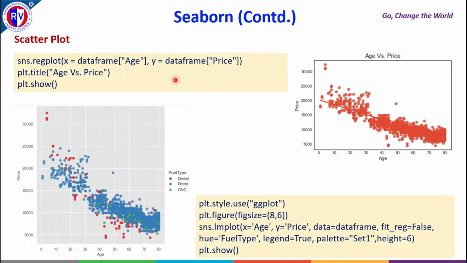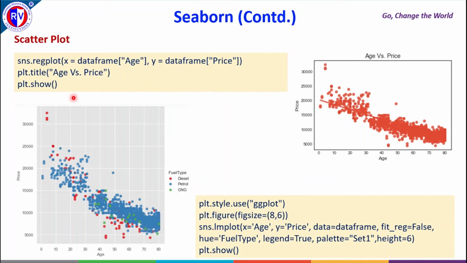Next we have one more plot called the scatter plot. In the scatter plot we have two types: one is the regression plot and the other one is the LM plot. In order to draw the scatter plot we can use either a regression plot or the LM plot.